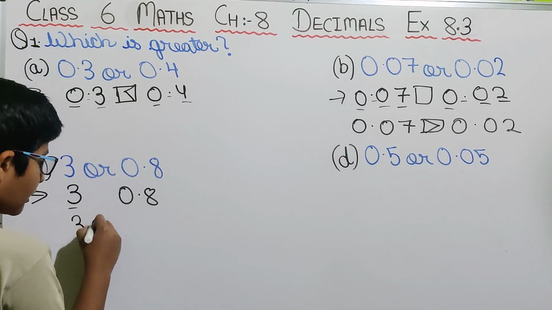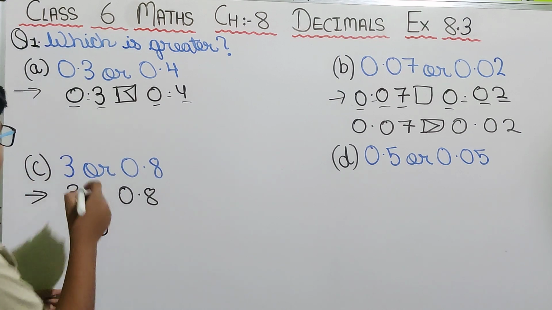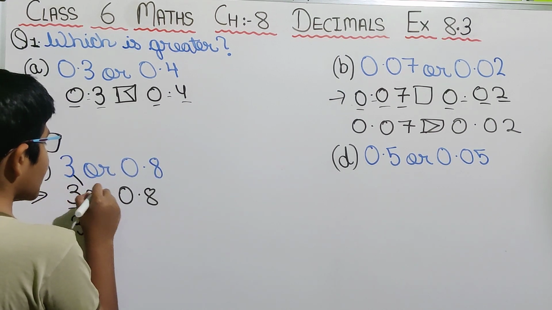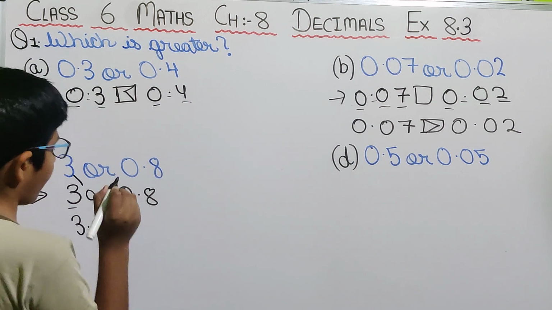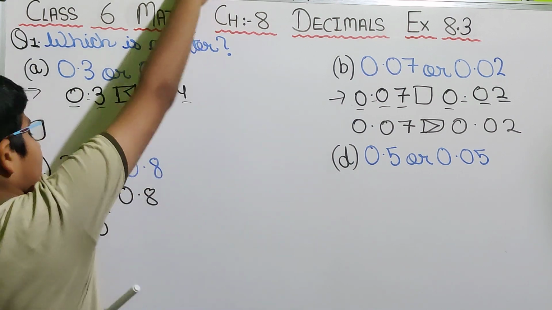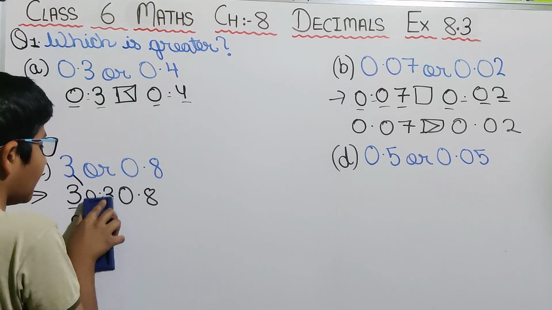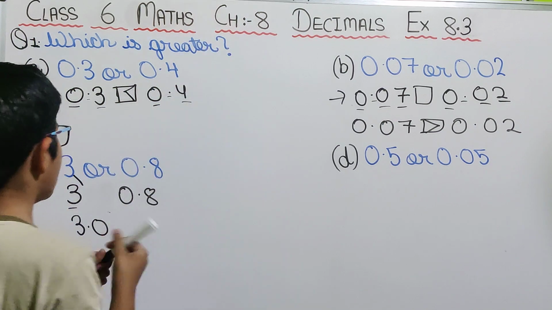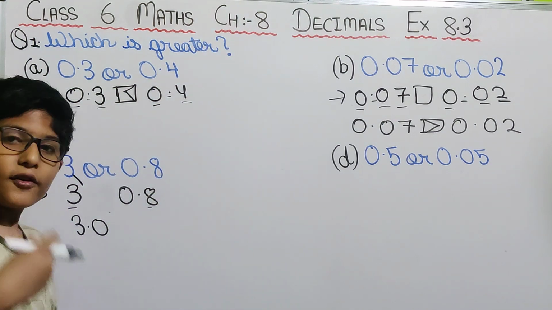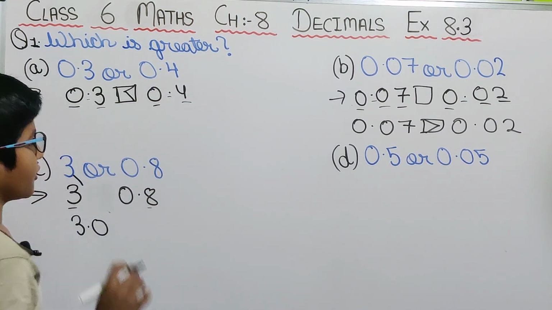It's like 3.0. We can't write 0.3, that will be wrong. We have to write zeros after the number, so we'll write 3.0.